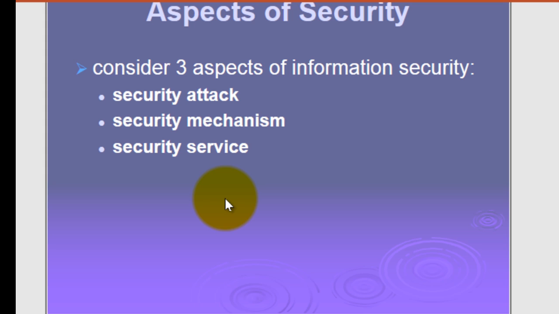For that they use different mechanisms: metal detectors, scanners, and physically checking the persons who are getting into the mall. In the same way, in computer security, the security service will use one or more of the security mechanisms for providing and enhancing the security of computer resources.